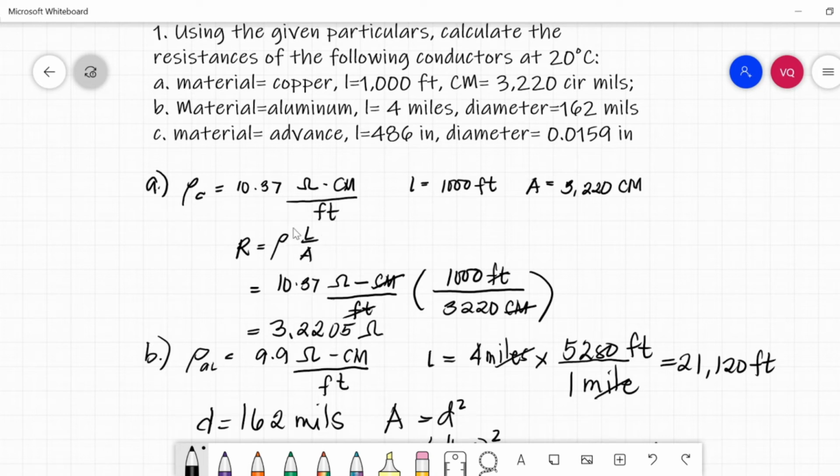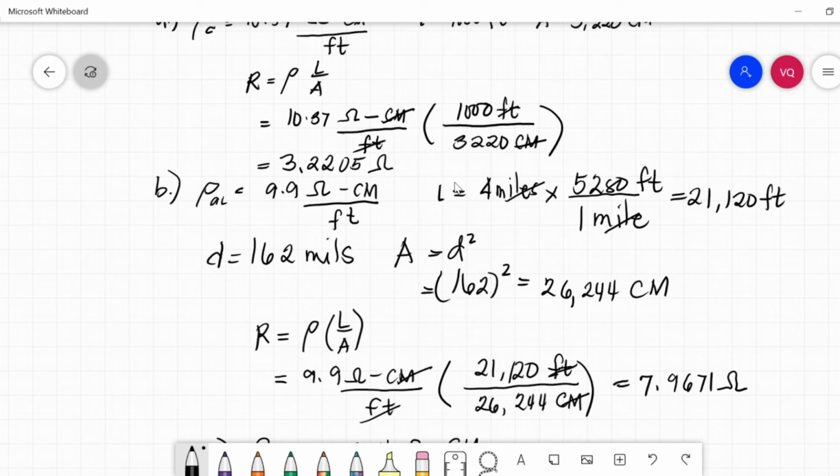So the resistivity is 10.37 ohm circular mil per foot times 1,000 divided by 3,220 circular mil. Cancelling circular mil and circular mil, foot and feet, we will end up with 3.2205 ohms.